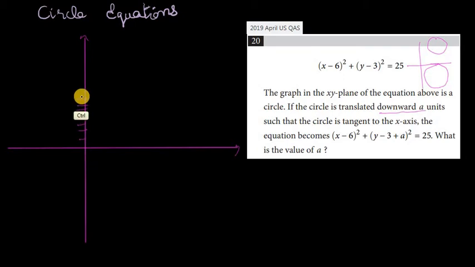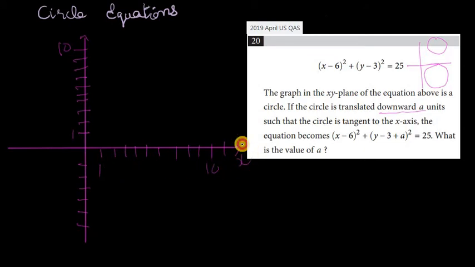Actually, that's too small. 1, 2, 3, 4, 5, 6, 7, 8, 9, 10, 11. And for the negative x-axis, let me write down a few numbers too. So this is 1, this is 10.